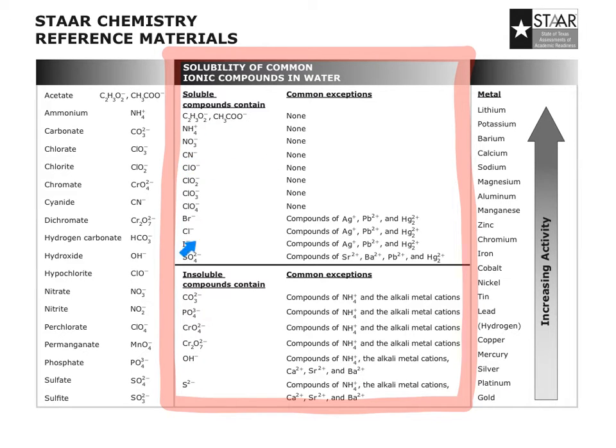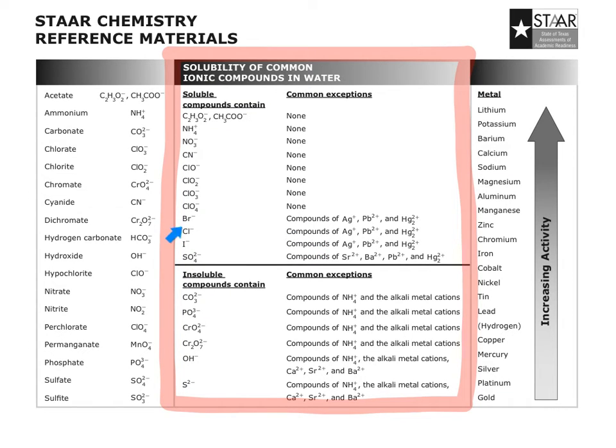So in other words, everything that's listed right in here is soluble in water, except, and so you would have to read these exceptions to figure out what the exceptions are. So acetic acid all the way down to perchlorate have no exceptions, meaning these substances are always going to be soluble in water. However, when I get down to bromide, chloride, iodine, sulfate ions, these do have exceptions.